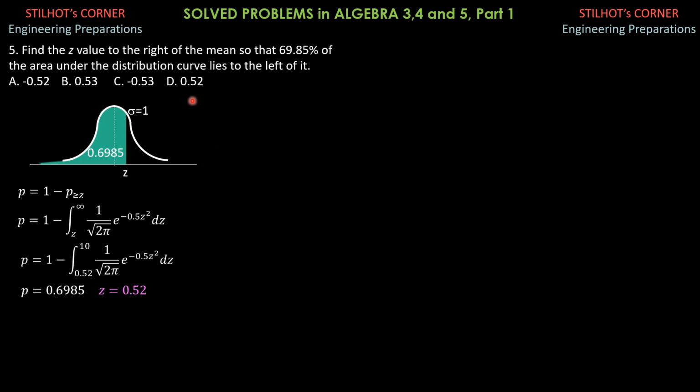Then you have to choose Q of Z, and you select 0.52, it will give you the area just to the right of the mean. So it will only give us this value here. Then you add 0.5, and if it is equal to 0.6985, then that's it.